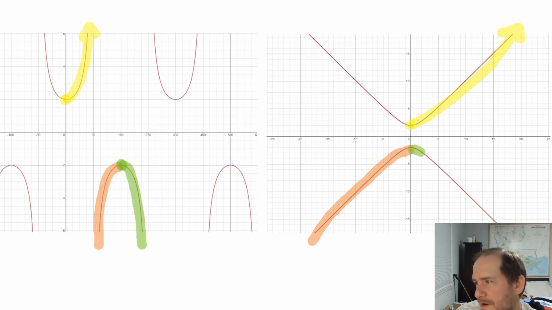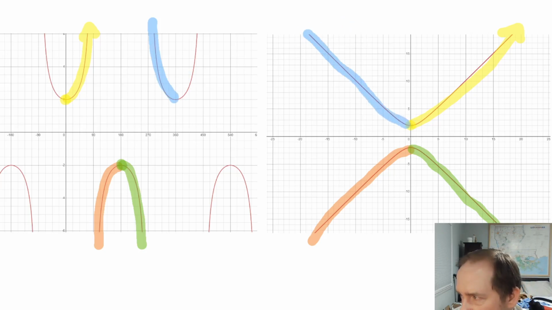That would be us running down this branch now, all the way to infinity. And then watch as I switch to blue. After this green, we now start coming down from infinity to here. And that's us coming down along this branch. So there's your color-coded guide to how this graph plots itself.